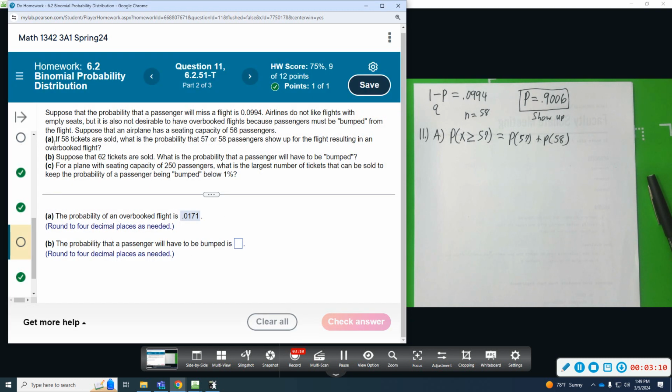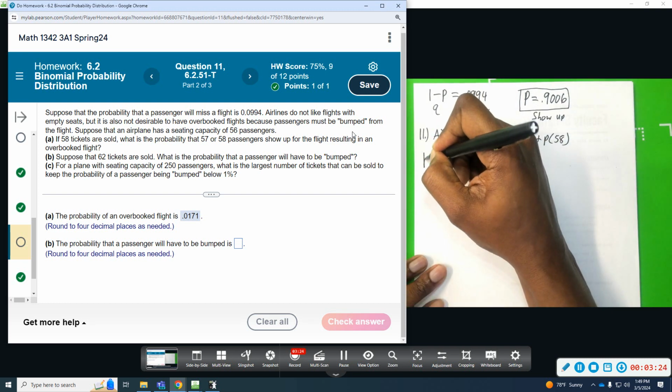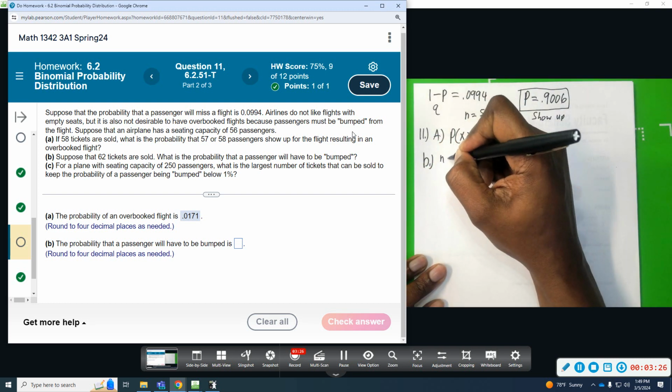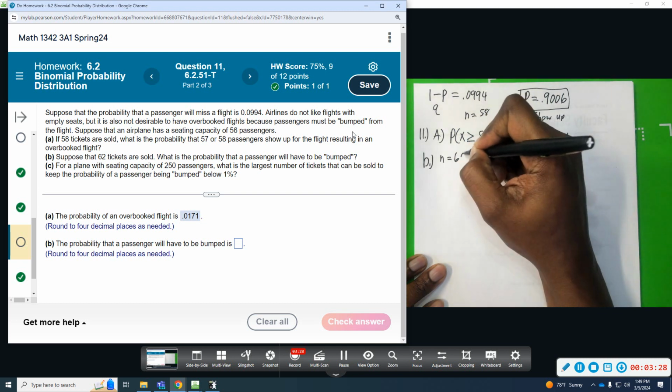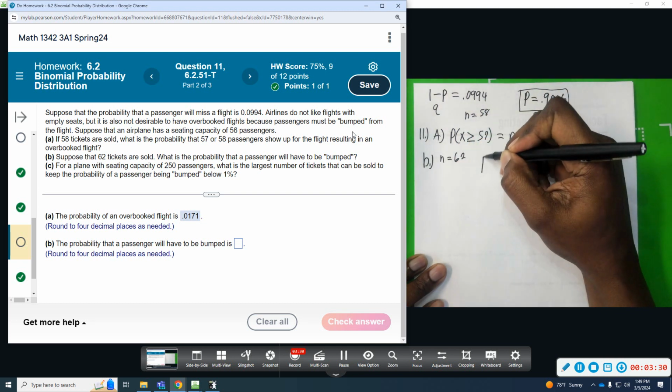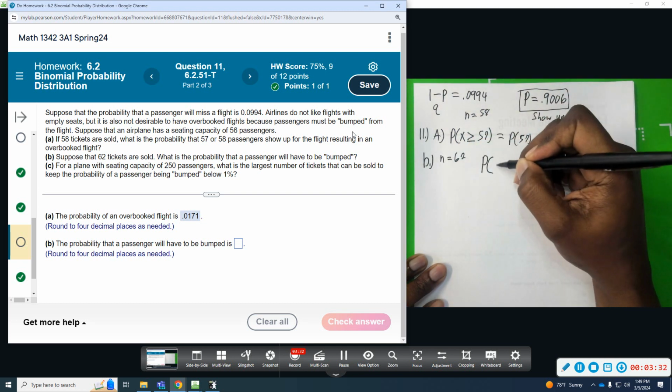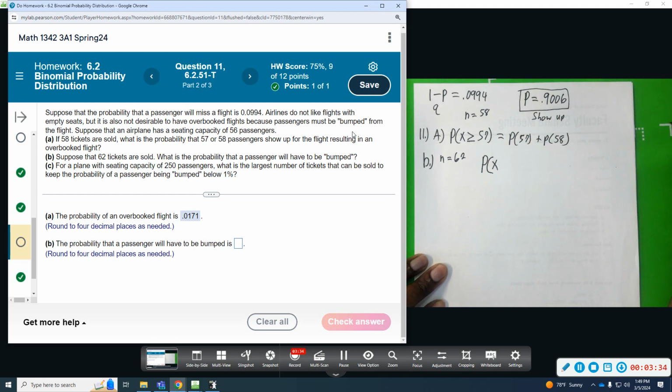Part B, suppose we sell 62 tickets. What's the probability that a passenger would have to be bumped? So if we sell 62 tickets, same scenario, now we've bumped N up to 62. So B, we now have N equals 62. And so now we're still looking for the probability that somebody is bumped, which means more than 56 show up.